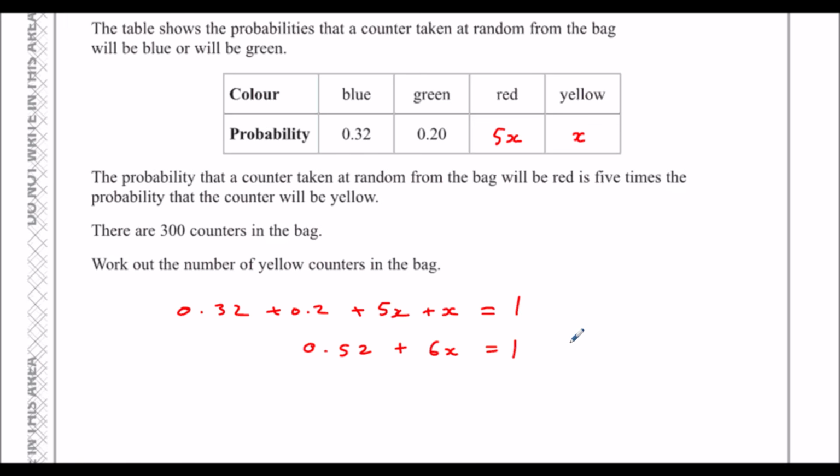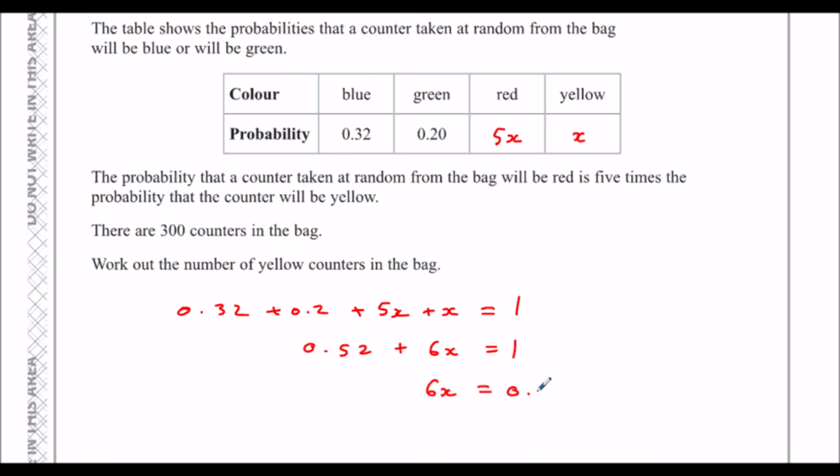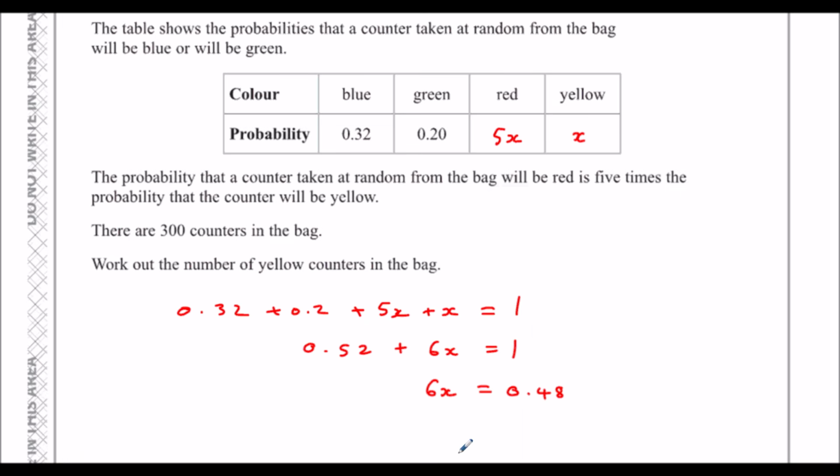We want to solve this for x, so take 0.52 away from both sides. 1 minus 0.52 is 0.48, and that's 6x. To get x by itself, divide both sides by 6, and we get 0.08.